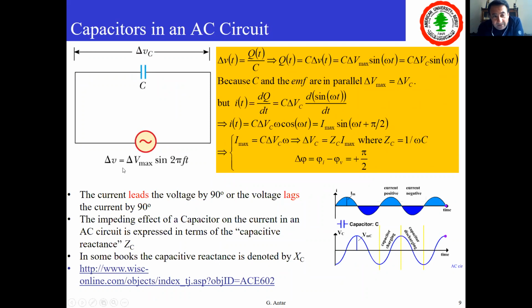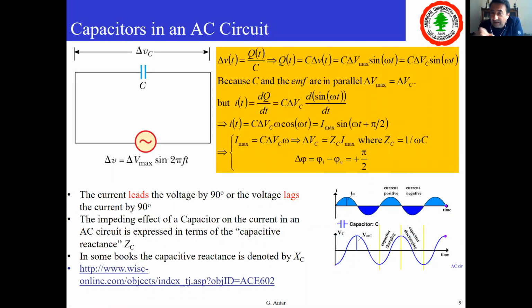Because in this problem here, I have as a given the voltage difference, delta V, but I could have given you the current. Okay, so if I have given you the voltage difference, then the current is equal to the voltage plus pi over 2. But how about if I've given you the current? If phi I is equal to 0, then phi V is going to be equal to minus pi over 2. Okay, so it really depends on what's given.